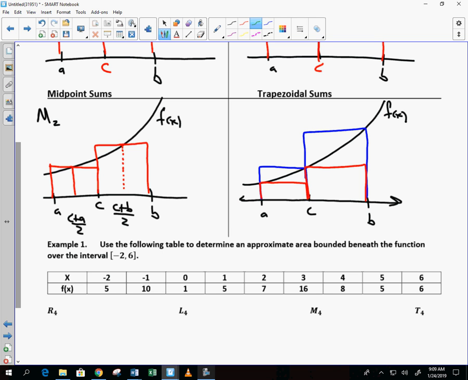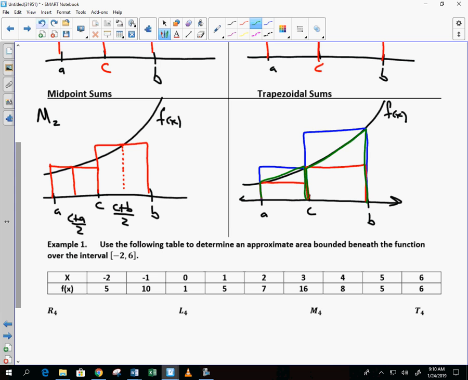The trapezoid looks like this. I'll do it again. So the trapezoid looks like that. You see how I have two green trapezoids in there?